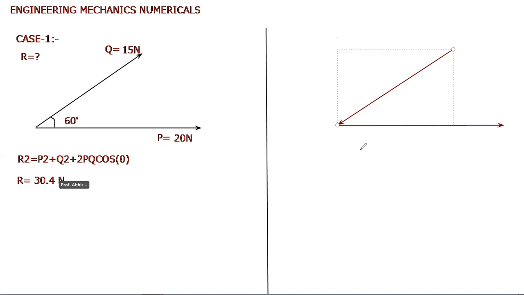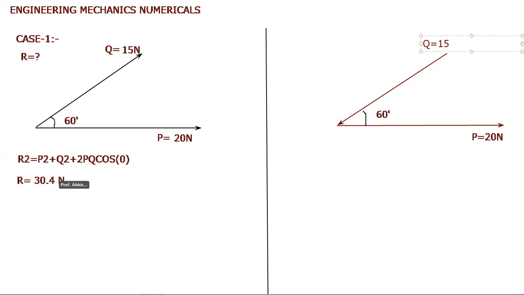And the angle between them is the same angle, that is 60 degree. Now, in this case, only the direction has been changed, but the magnitude of the forces remains the same.